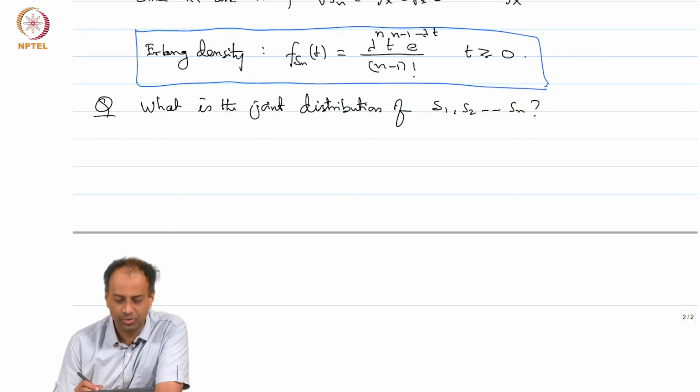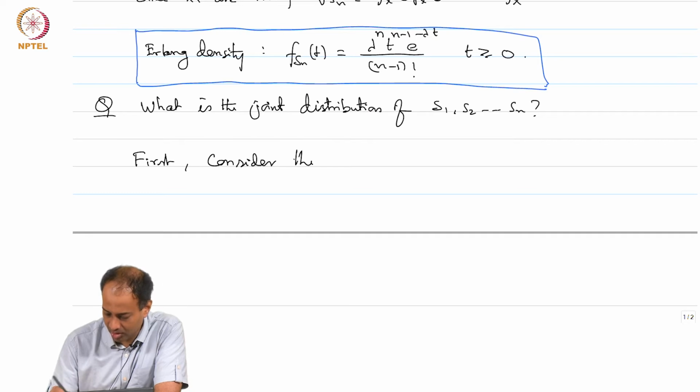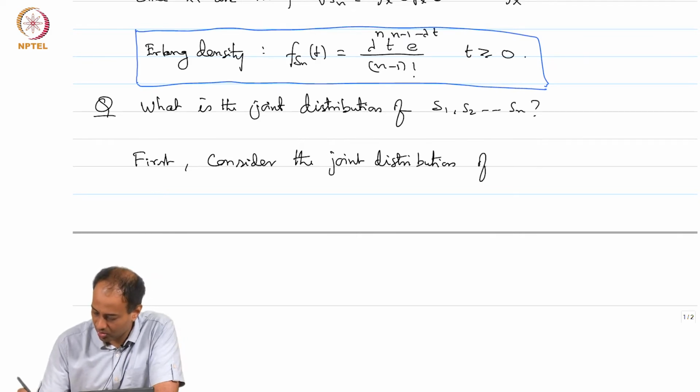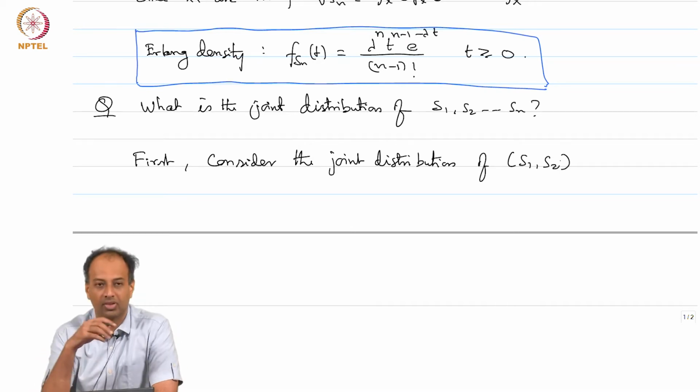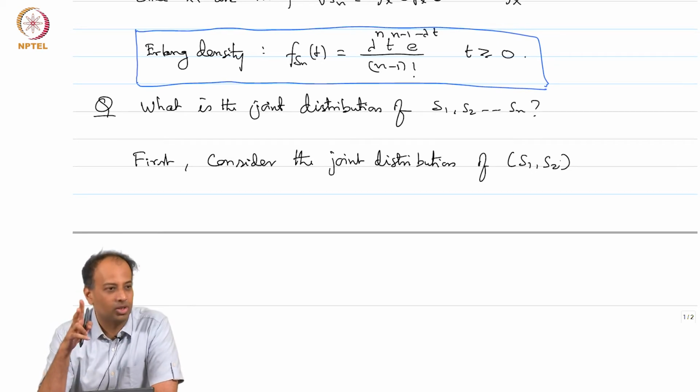Now, let us do this for n equal to 2. S1 and S2 are the first two arrival epochs.